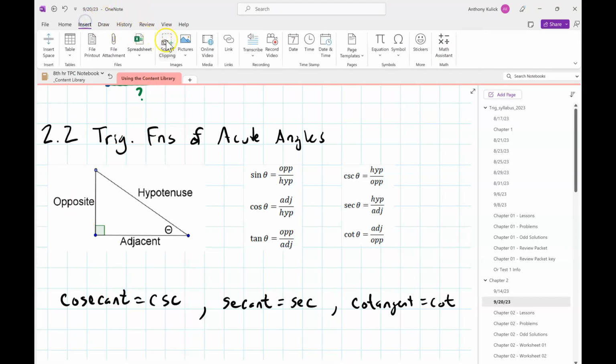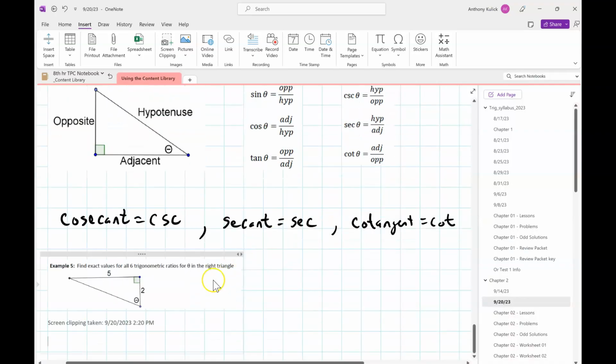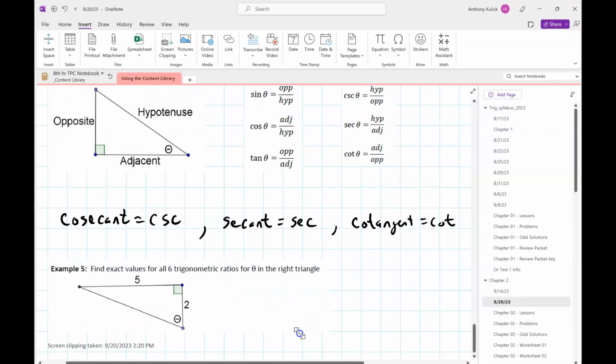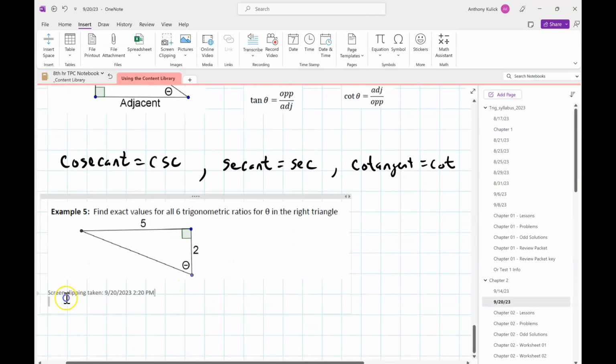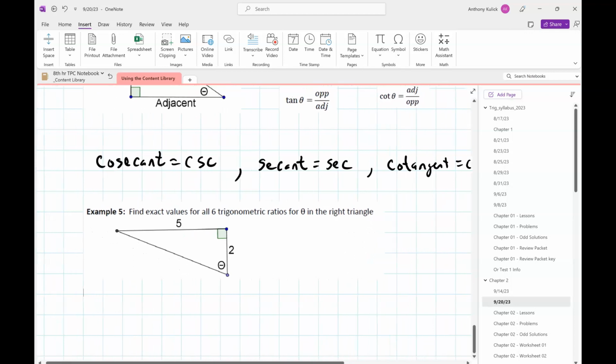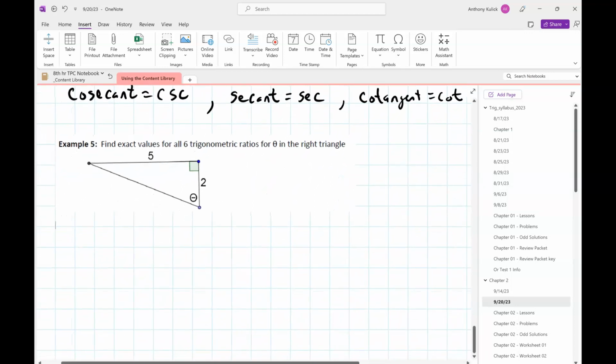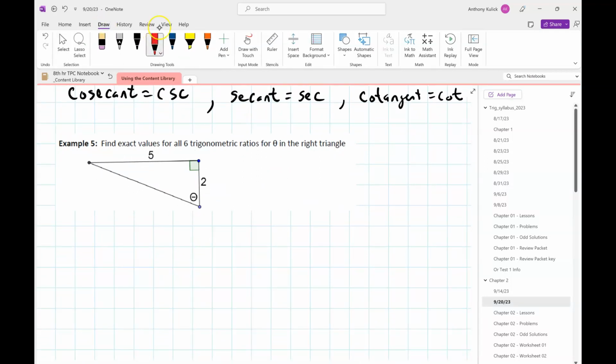Let's look at some examples where we use some of these new trig functions. So it says here, find the exact value for all 6 trig ratios for theta in the right triangle. Okay.